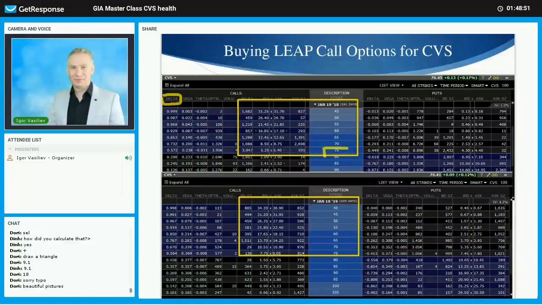It will become bigger, bigger, and bigger. We can see that, for example, for 75 and 70, it's already more than a 10% increase here. So when the share price is going to be around $80, the delta for 75 would be about 67. Also, it would be higher.